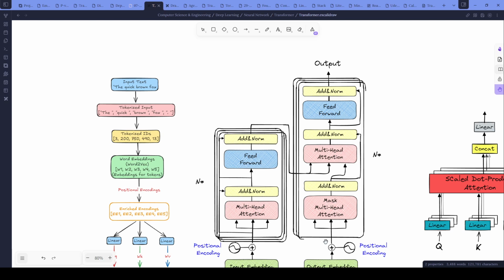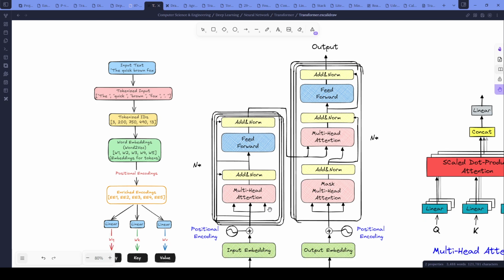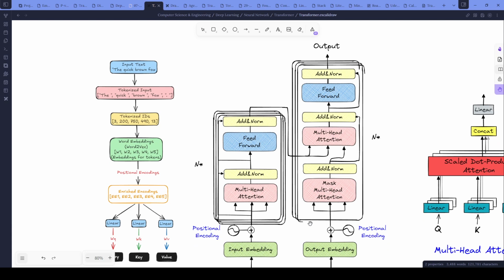And just like the encoder, the decoder is stacked n times, and each layer takes input from the encoder and the layers before it. By stacking the layers, the model can learn to extract and focus on different combinations of attention from its attention heads.